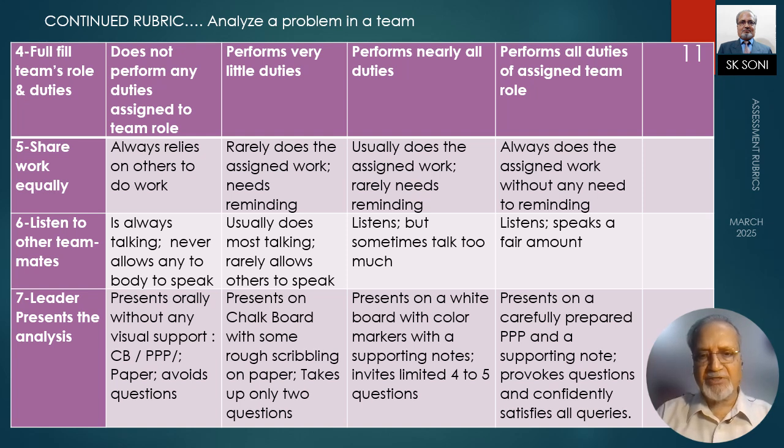And for exemplary performance, presents on a carefully prepared PowerPoint presentation and supporting notes, provokes questions and confidently satisfies the queries. So this is how a generic analytic rubric is constructed.